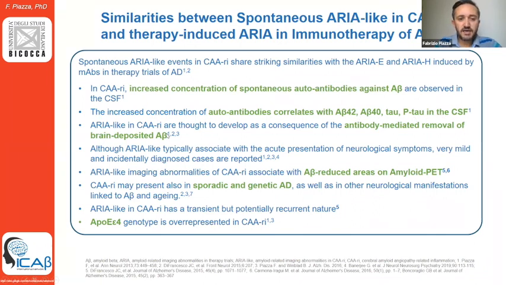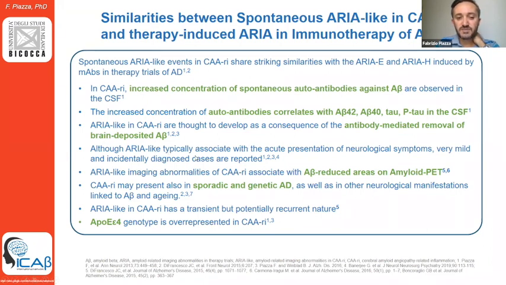And the ARIA-like events in CAA-ri are thought to develop as a consequence of the antibody-mediated removal of brain-deposited amyloid, both supported by CSF and amyloid PET, as I showed you. Although, at least at the beginning, most of these cases were reported as very severe presentations.